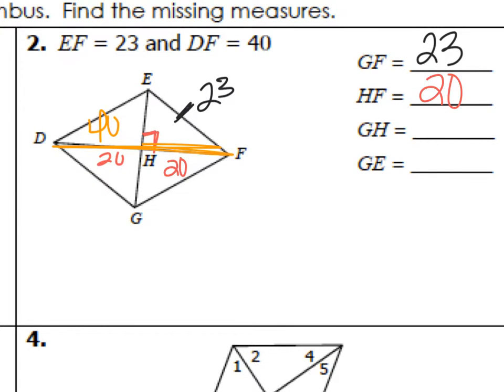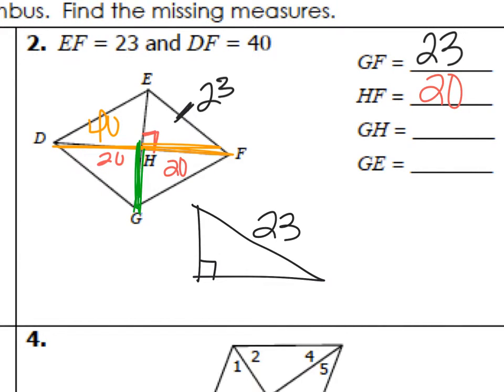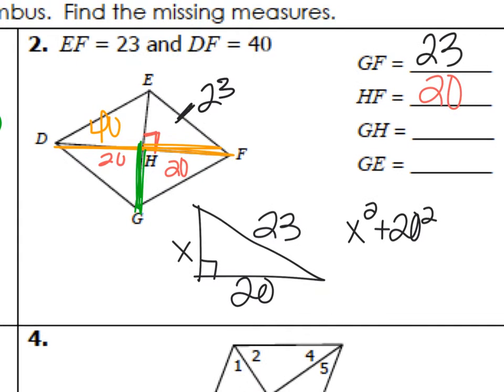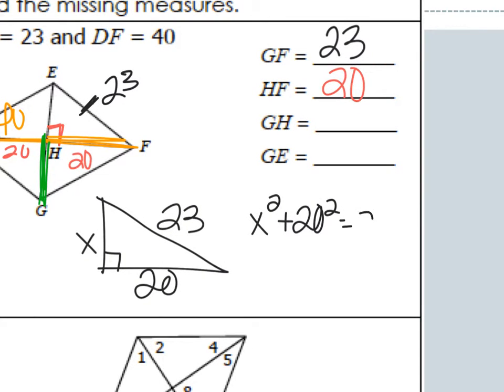To find GH, this green side of the triangle, I'm sorry, that's not GH. This is GH. So I have to do the Pythagorean theorem again, because I know all the outside sides are 23, and I know this side is 20, so we have to use that to solve for x. So x squared plus 20 squared equals 23 squared.